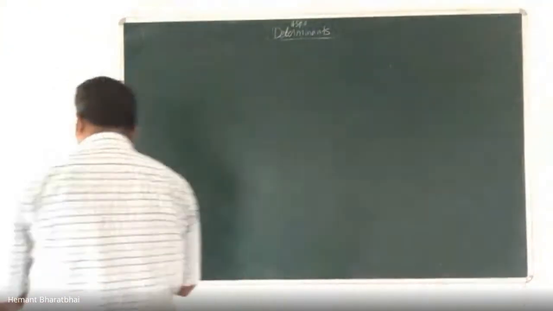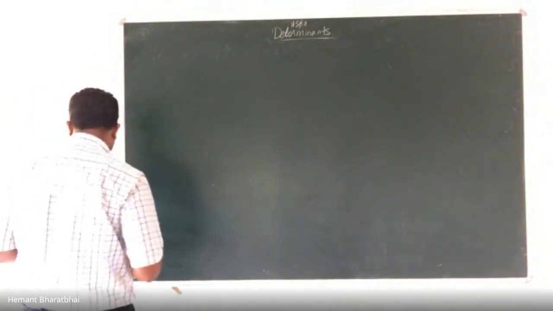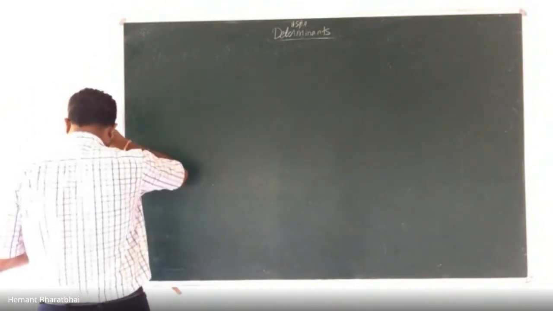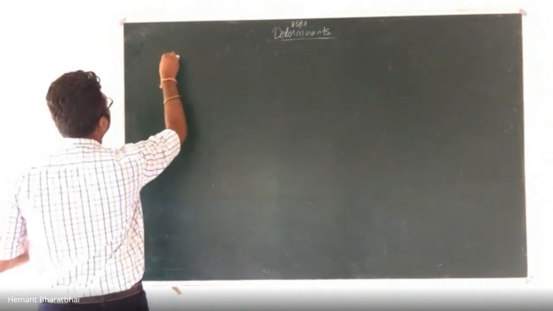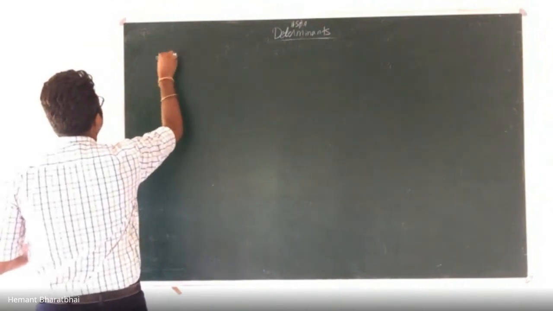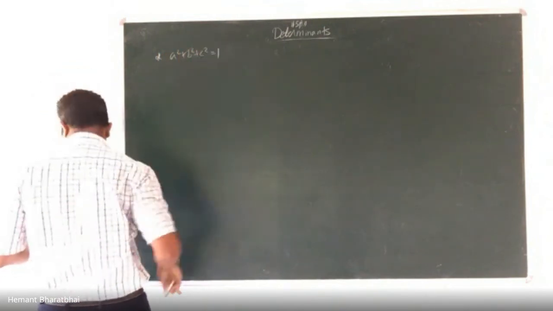Let's try the next numerical. Let a, b and c be real numbers with a square plus b square plus c square is equal to 1.